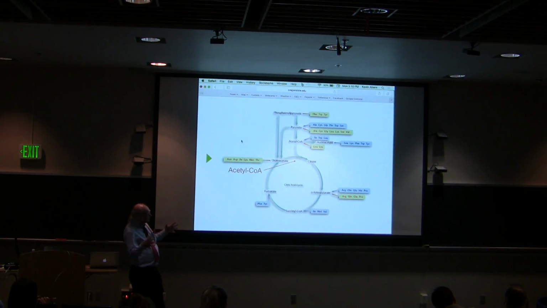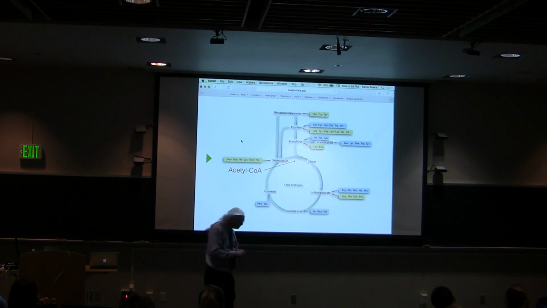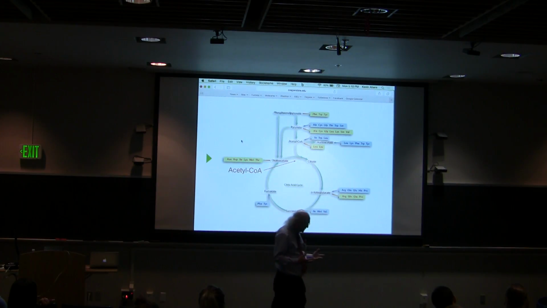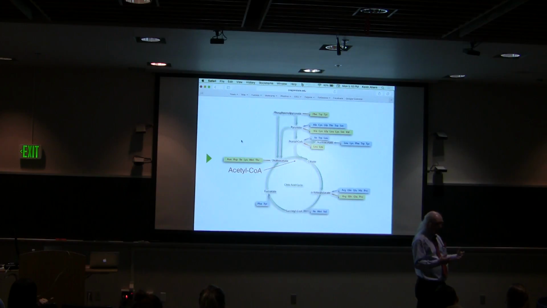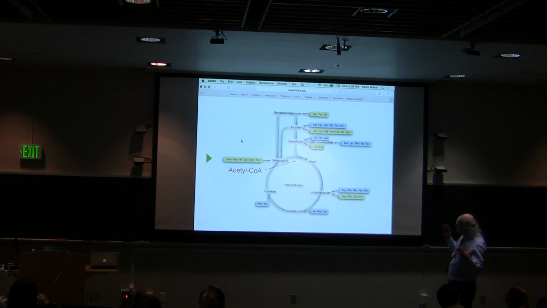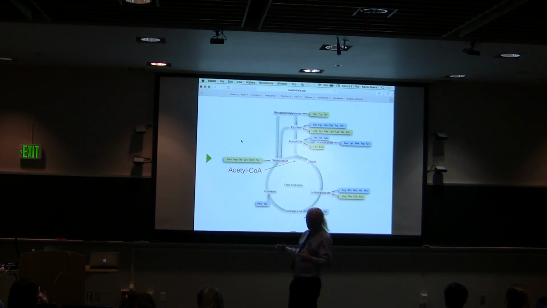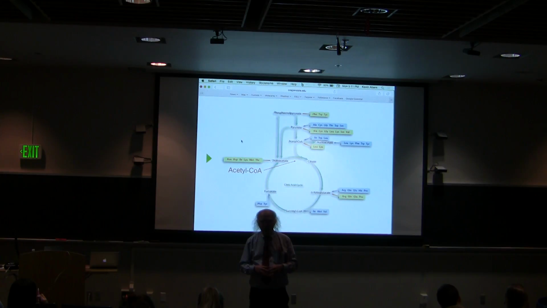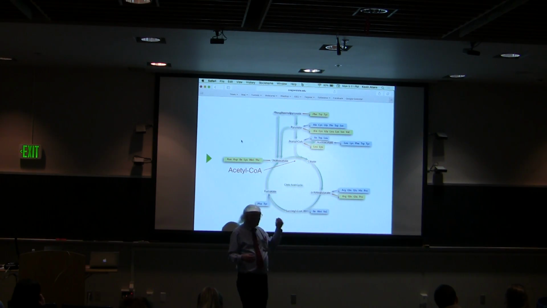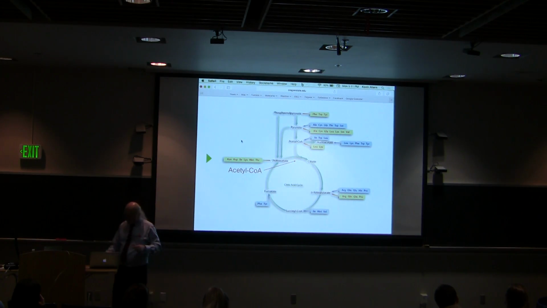And of course pyruvate comes from glucose, you know that, so I don't need to tell you that. All of the major metabolic pathways converge on the citric acid cycle. So it's a really central, really important pathway. It's even more central than glycolysis. Glycolysis feeds the citric acid cycle, but not as many glycolysis intermediates appear in other pathways as there are citric acid cycle intermediates.